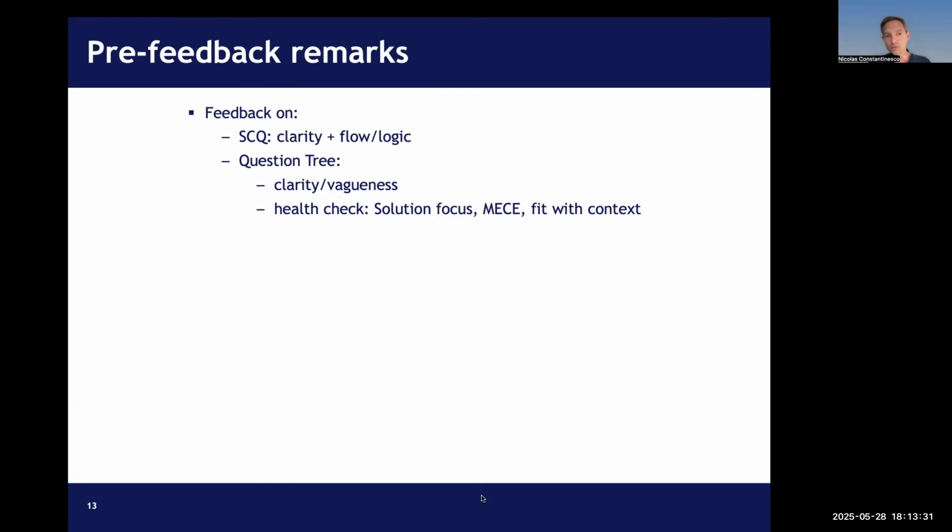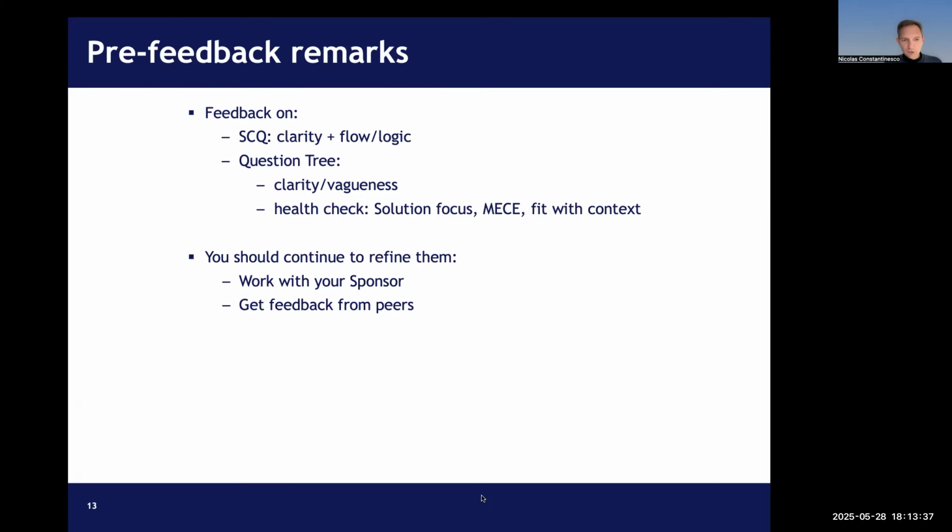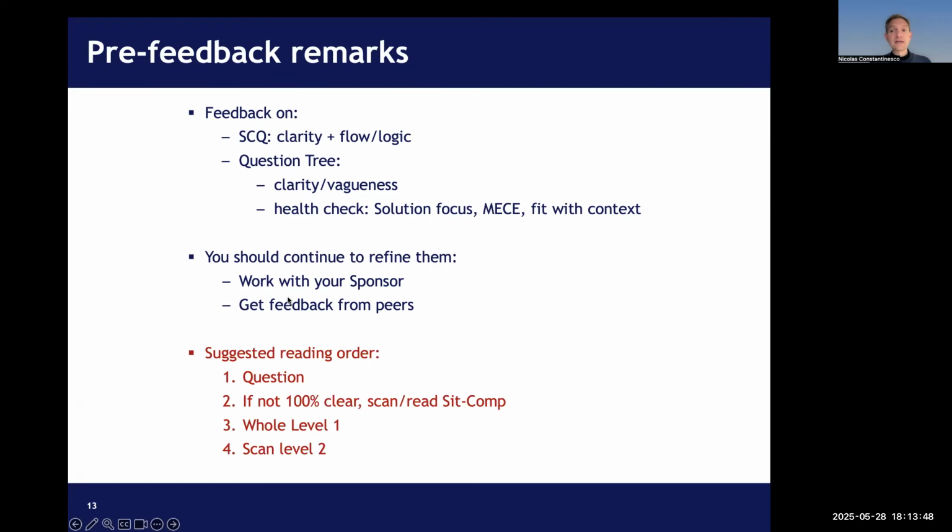Of course, whether you were one of the submitters or you have your own question tree, you should continue to refine them by working with your sponsor, but also seeking feedback from your peers. Now, in terms of the process right now, my suggestion is to first read the question.